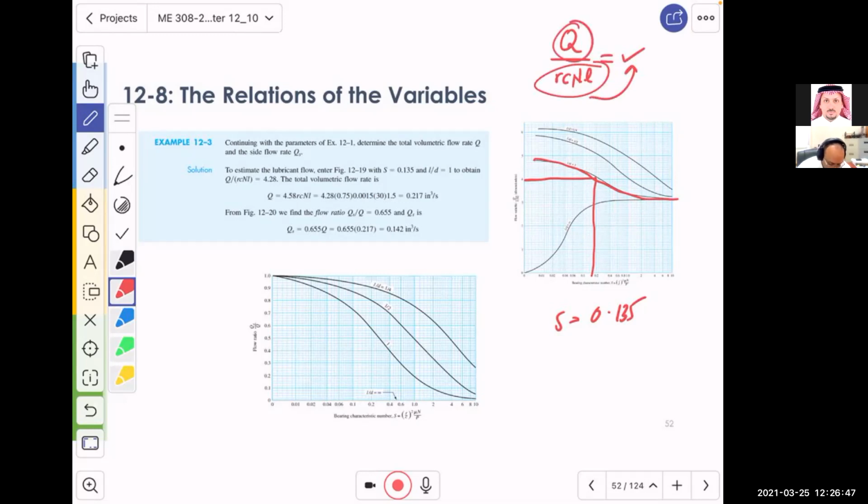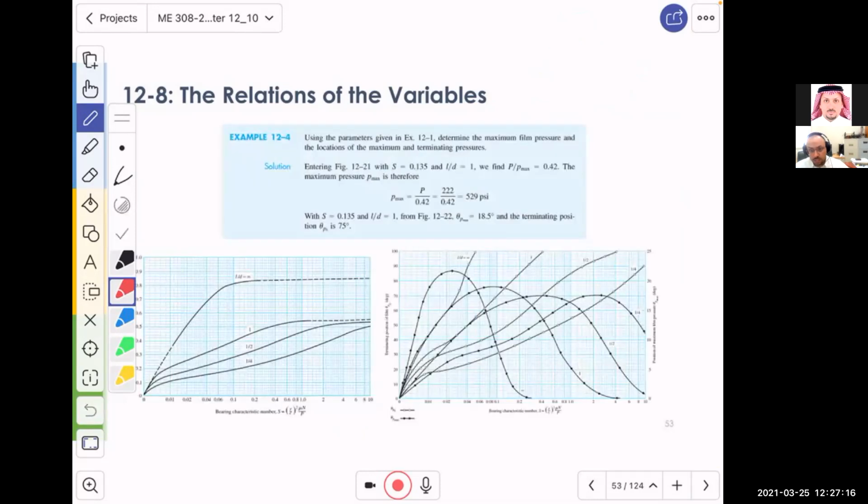Then you can find the Qs over Q, because again this is L over D and this is the S number, and then you can find this ratio. By knowing Q, you can multiply it by the ratio in order to find the Qs. Qs is the side flow, which we are going to discuss in a bit.